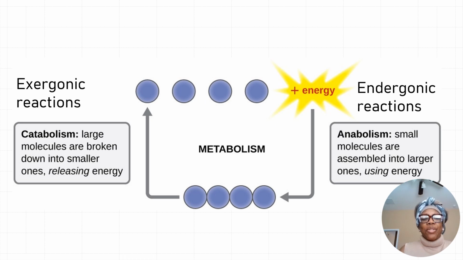And when this happens, energy is released. So the reactions that are involved in these catabolic processes are called exergonic because they release energy. Whereas anabolism, where we are synthesizing or building larger molecules from individual components, those reactions actually require energy. So they are said to be endergonic.